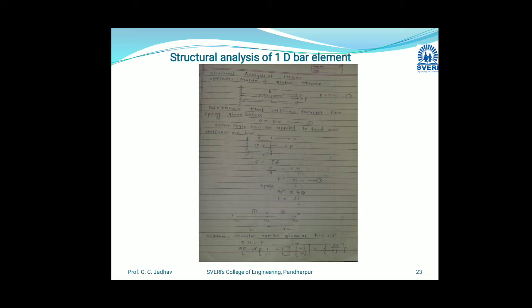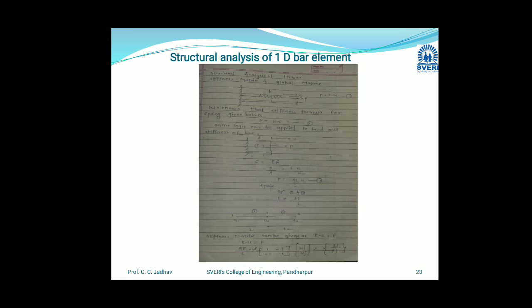We will take an example which has two elements and three nodes, that is, elements 1 and 2 with 3 nodes, and those 3 nodes have 3 displacements, the unknowns u1, u2, u3, with lengths L1 and L2 for the respective elements.